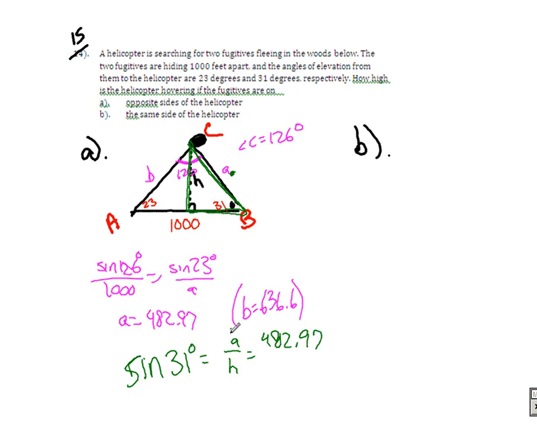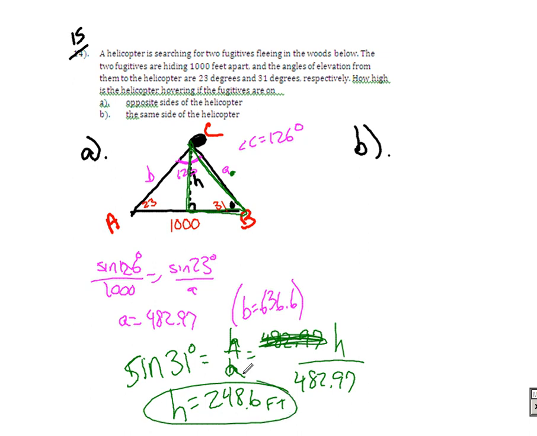Or I said that backwards. It should be H over A, opposite over hypotenuse. So it should be sine of 31 degrees equals H over 482.97. Multiply both sides by that 482.97, and I'll get the height is 248.6 feet. And that'll be the same if I use side A or side B.